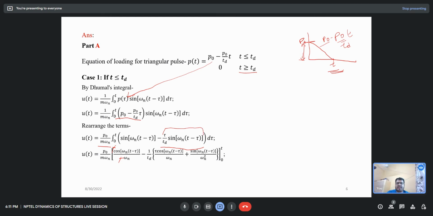So if you do the integral of this, you will find that expression, and then put your limits from 0 to t.